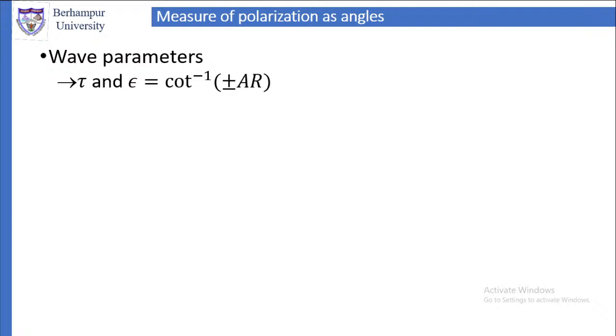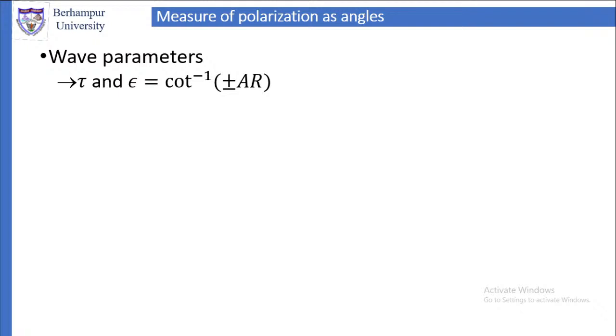Here tau is an angle. Then we look for another angle, epsilon. We define epsilon as cot inverse of plus or minus AR. Why plus or minus AR? We have defined AR to be positive or negative to describe the sense of polarization.